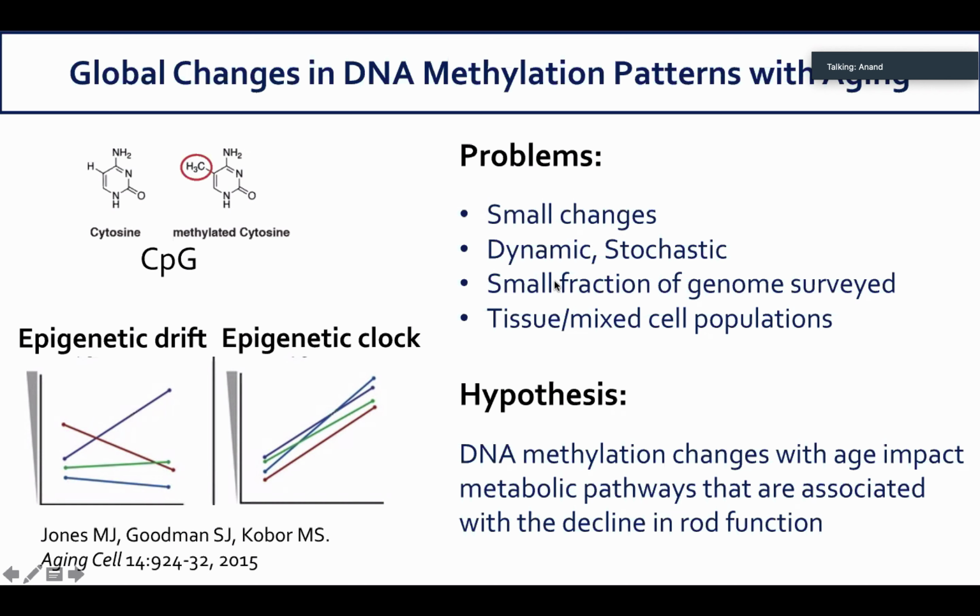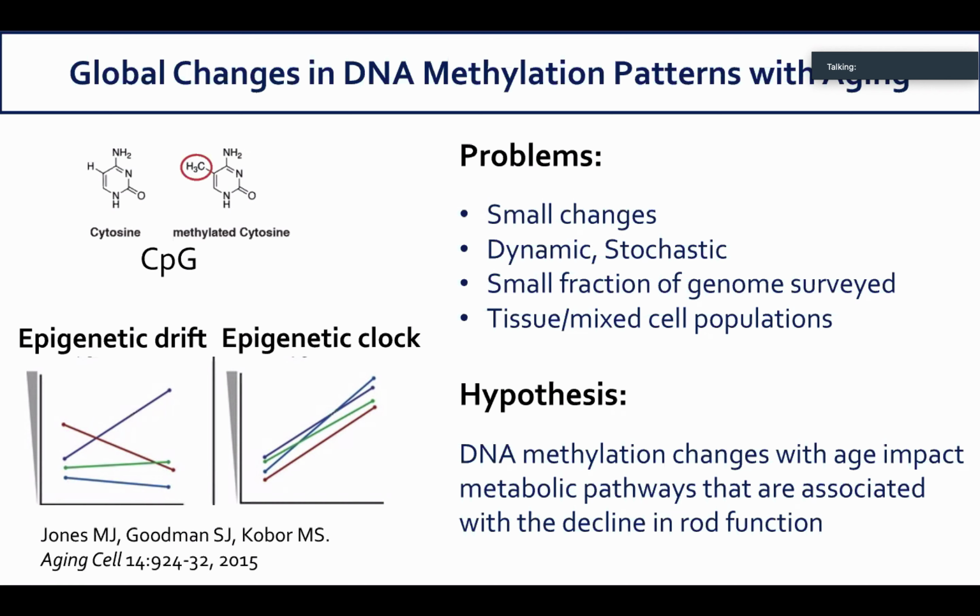So how do you look at that? And many people use whole tissues, which is not the appropriate way to do it, because you have mixed cell populations, and every cell could have its own distinct change in the epigenome, so the noise might be too high to look for very specific changes in DNA methylation.